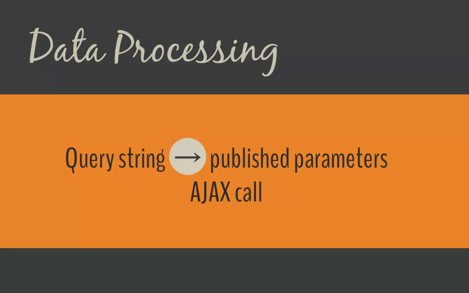Yeah. So that was just requesting data, but if you're setting up an interface where a client can generate some data right in the browser, you're going to want to process that and send back some sort of response. I'm going to take a look at another demo here where we're going to supply some information via published parameters.